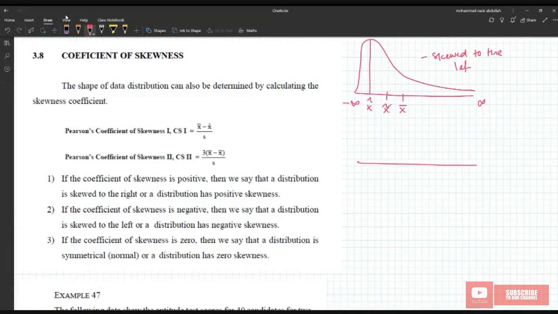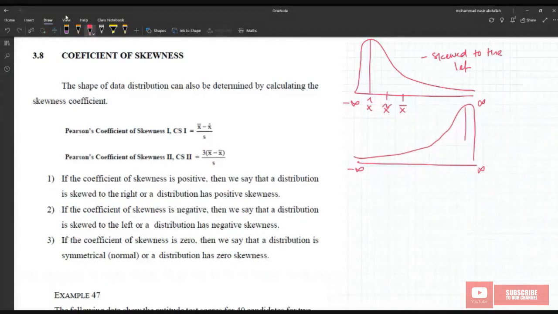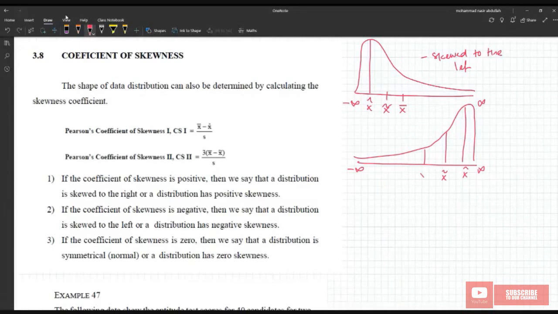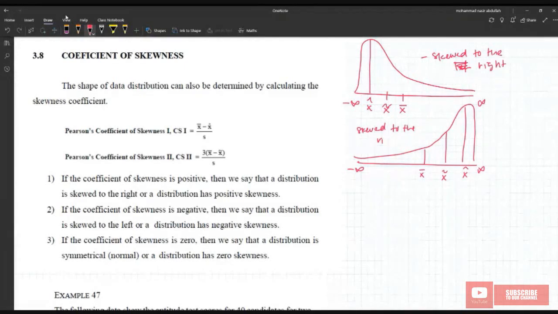When we have a larger mode, maksudnya mode is over here, right? Mode is larger than median, larger than mean. So this is skewed to the right, and this is skewed to the left, right?